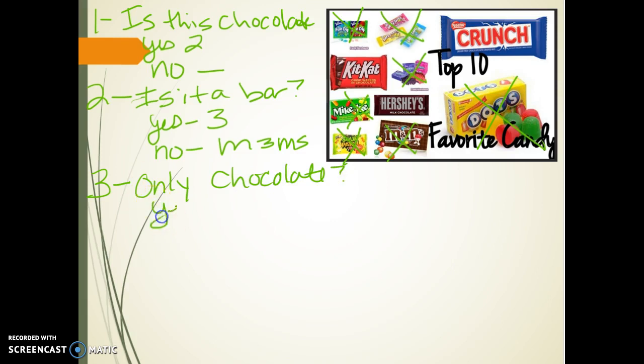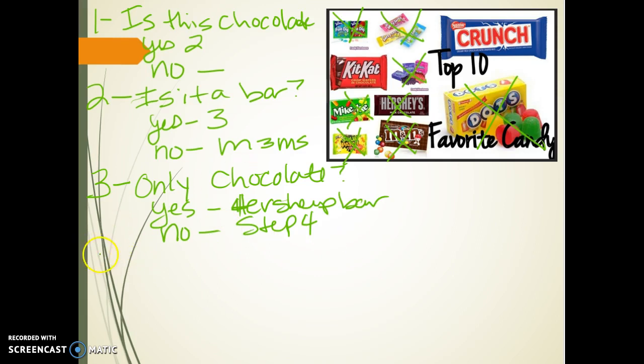If it's yes, we have the Hershey's bar. If it's no, go to step 4. We have restricted the Hershey's bar specifically because the Crunch and the Kit Kat have other things besides chocolate in them.